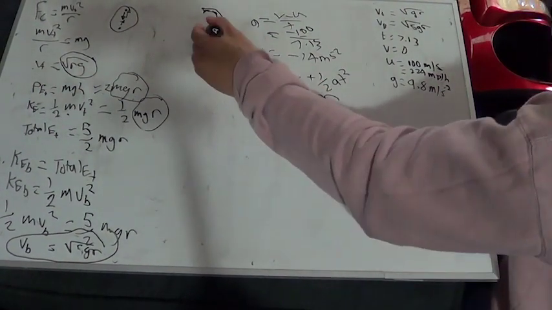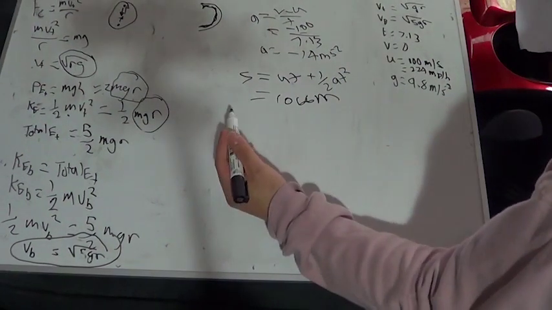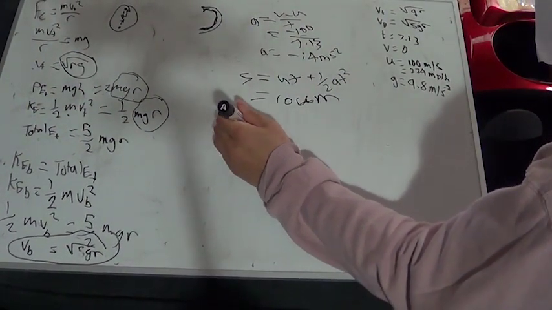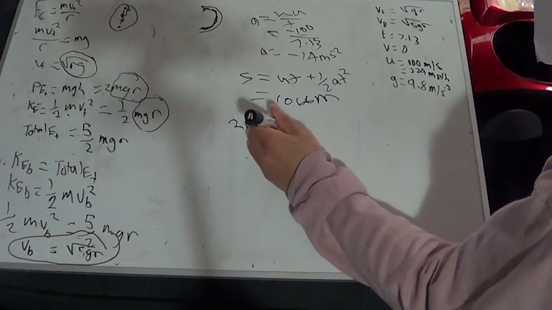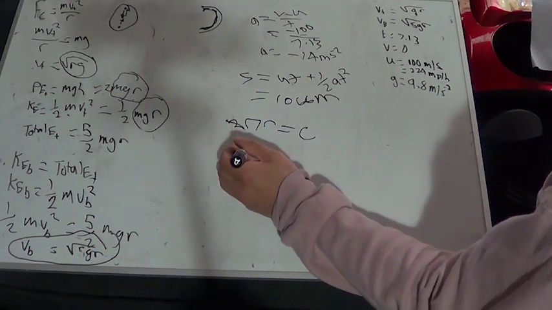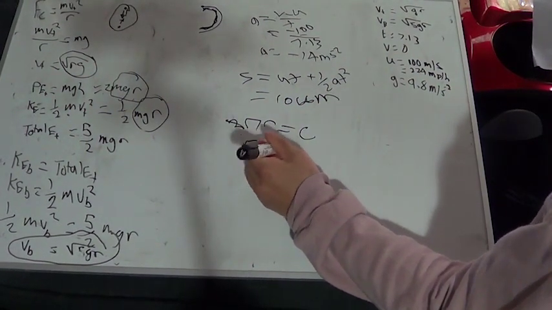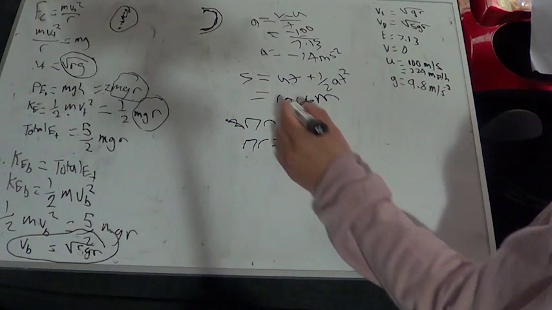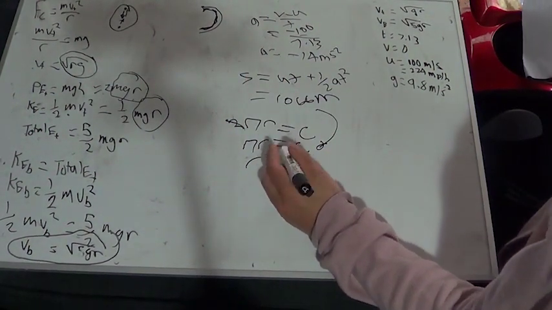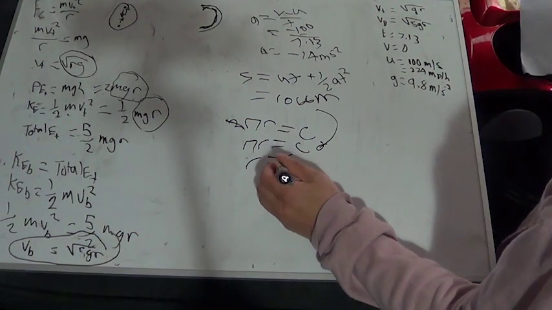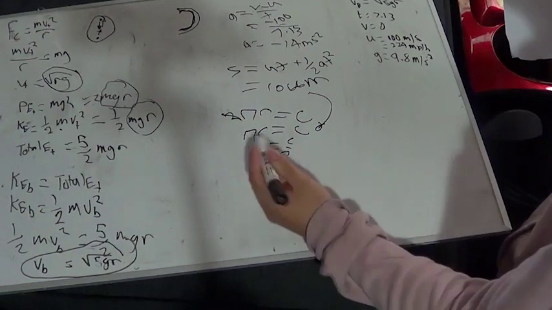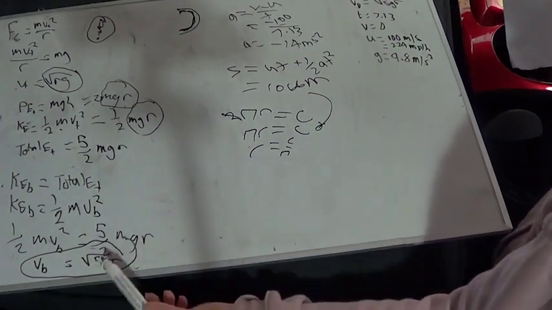Because Tezla's path was half the circumference of the circle, and the circumference is 2 pi r, the distance he travelled is pi r equals c, so r equals c over pi. Now that we've figured out the radius, we can plug it into the other formula.